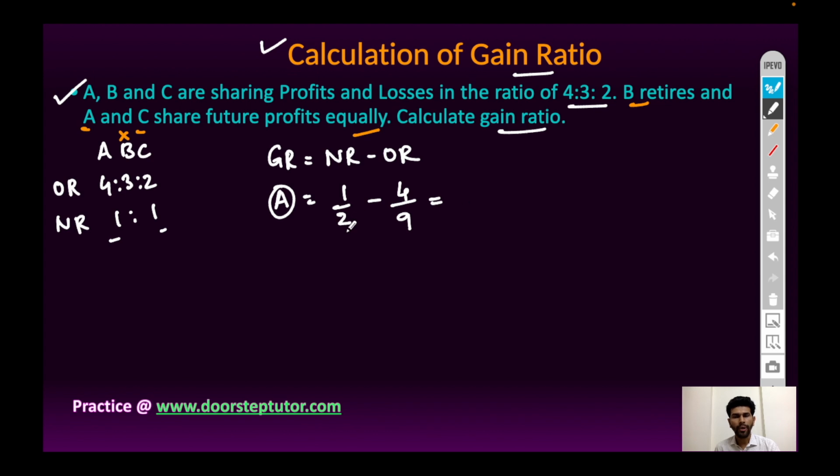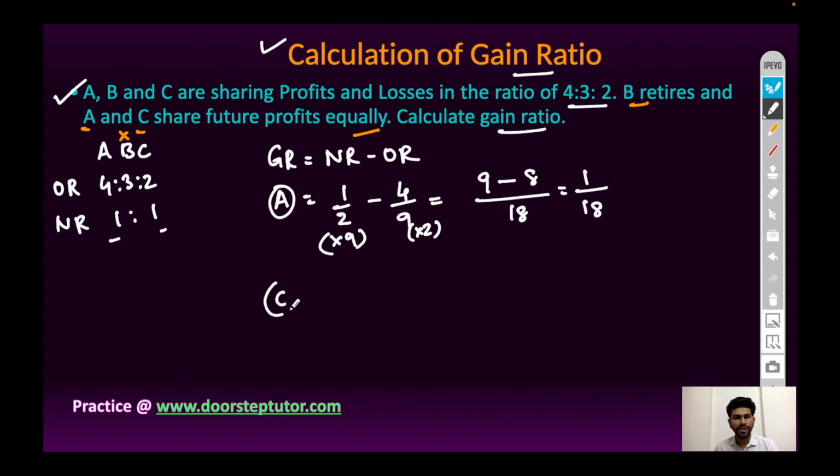Now to get the same denominator, we will multiply 1 by 2 with 9 and 4 by 9 with 2. Now 9 into 1 minus 4 into 2, the 9 minus 8, 1 by 18.